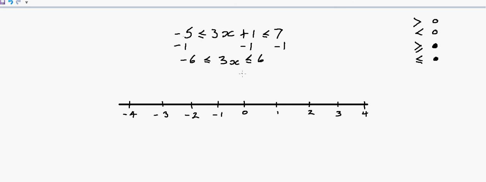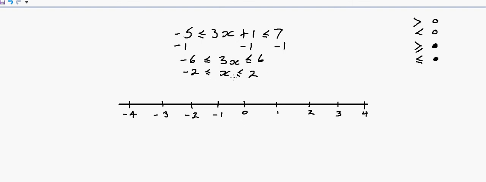So now what we're going to do is we're going to divide through by 3. So -6 divided by 3 is minus 2. 3x divided by 3 is just x, and 6 divided by 3 is 2.